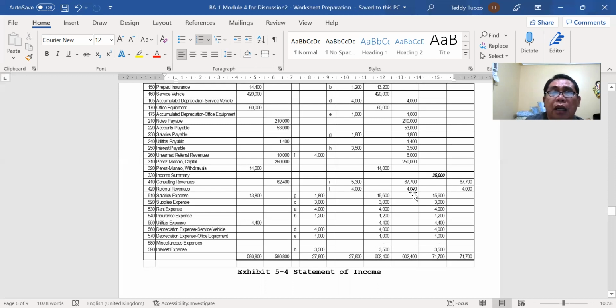Remember in the trial balance class and worksheet, the income comes right after the income summary or the withdrawals, and after income or revenues would be the expense accounts. That is the manner of presentation.